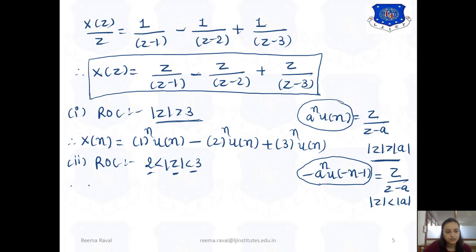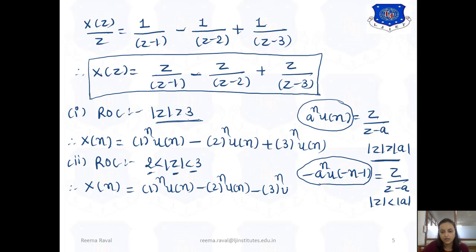So for the inverse Z transform, the original sequence x of n will be equal to 1 raised to n u of n. That means if the value of a is 1 and 2, it is a raised to n u of n only. And for the value 3, it is minus 3 raised to n u of minus n minus 1. Okay.